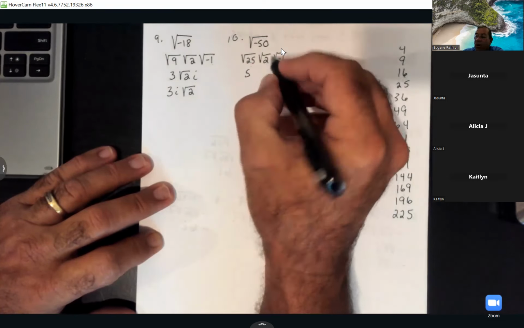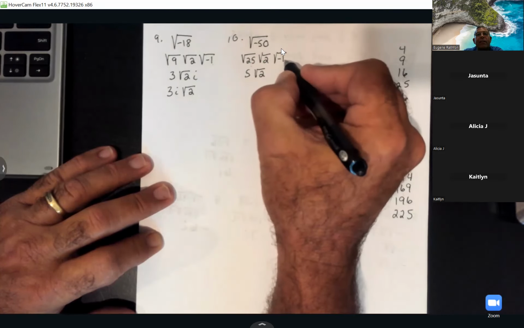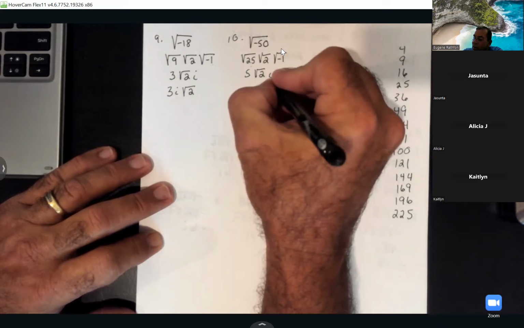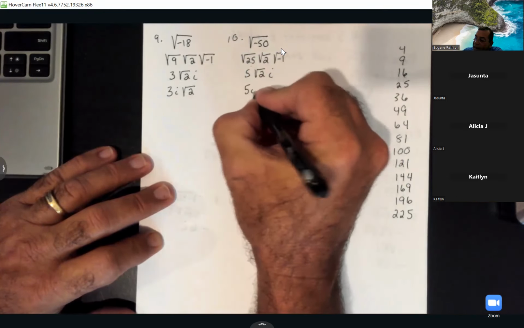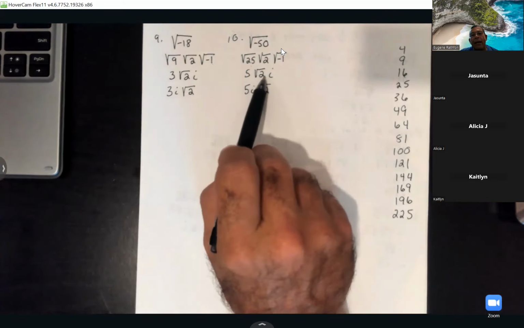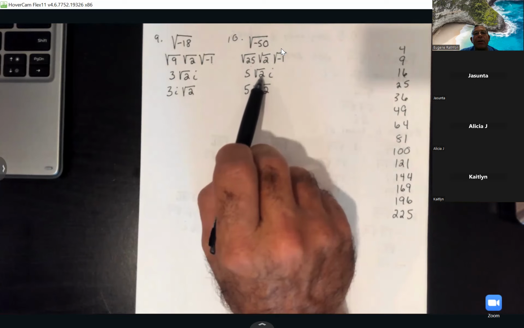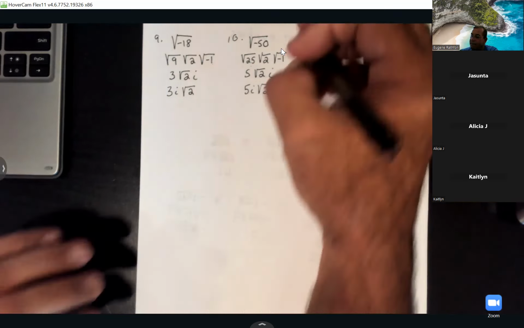Once again, can't do nothing with that square root of 2, so I'm going to bring that down. And then I'm going to replace the square root of -1 with my i. So in MATLAB, I'd probably write that 5i square root of 2. Just make sure you arrow out from under that radical before you put the i, okay?